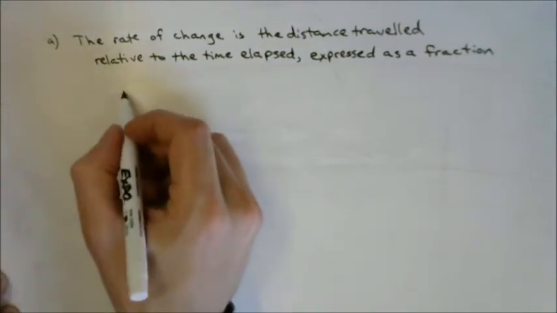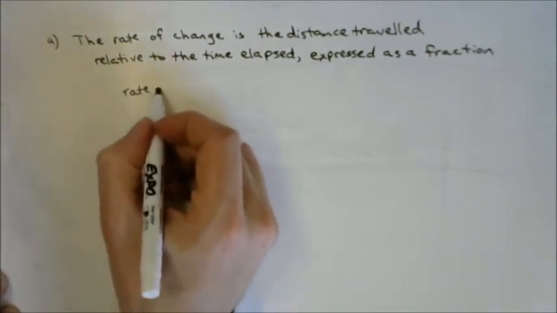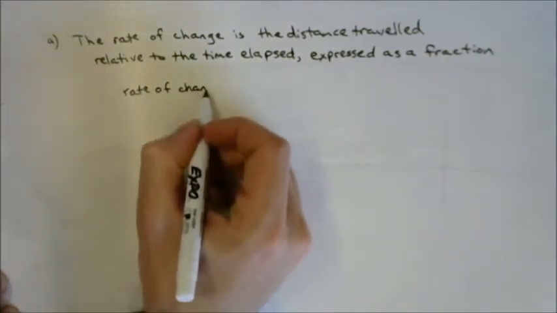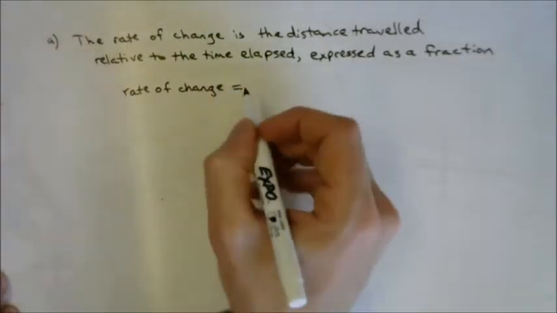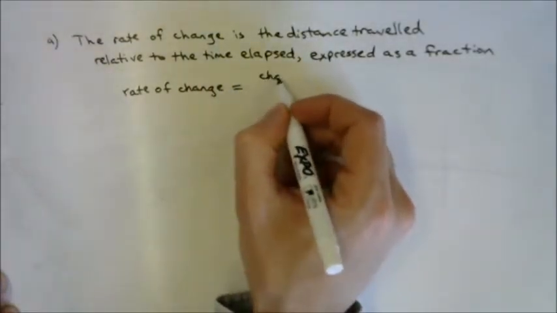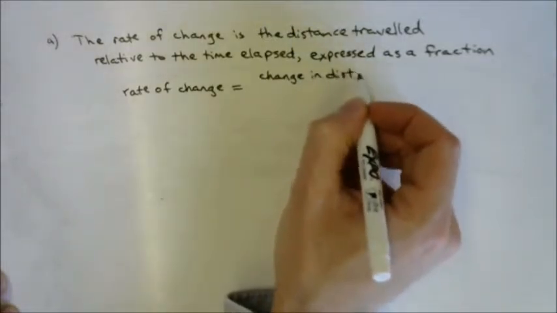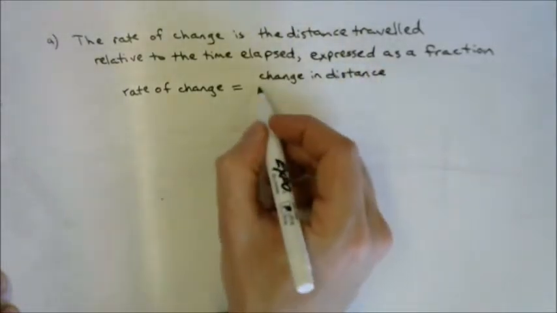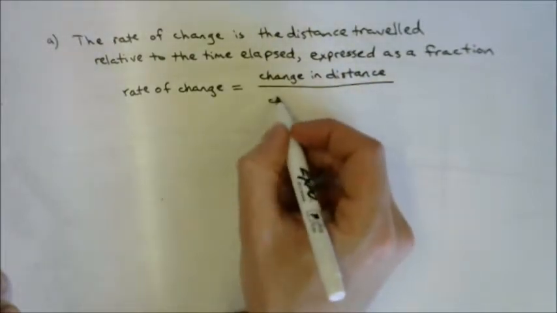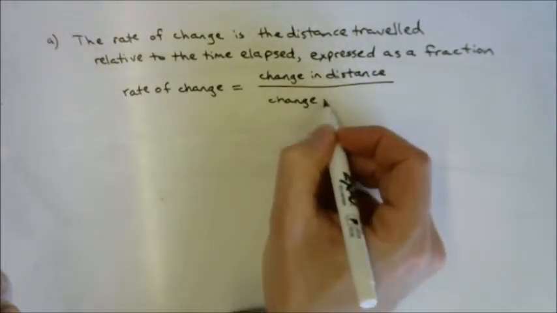Okay, what does that mean? That means we have rate of change equals the change in distance divided by the change in time.